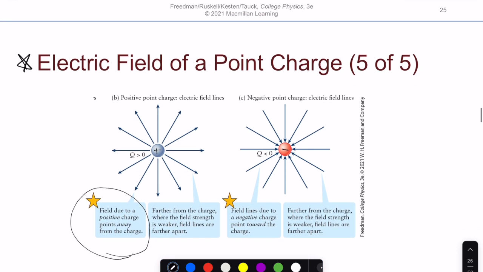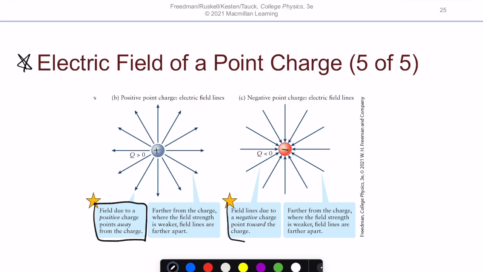So let's talk more about the visualization of electric fields. There's a rule we're going to use, another rule kind of like the force rule, and that gives us the direction of the force. Well, to find the direction of an electric field, all you need to know is that field lines created by a positive charge point directly away from the charge.